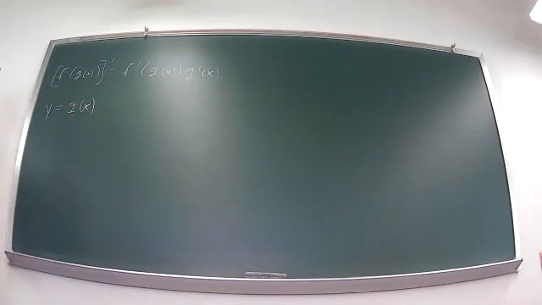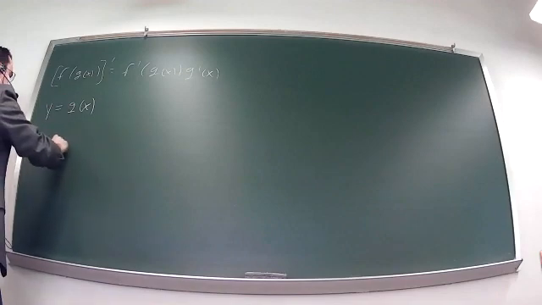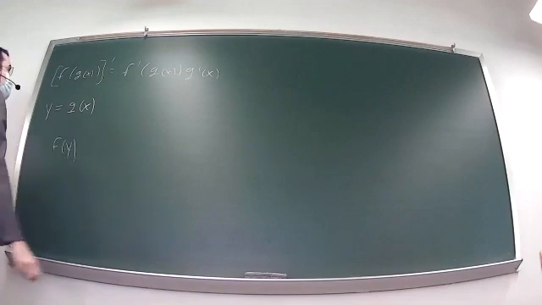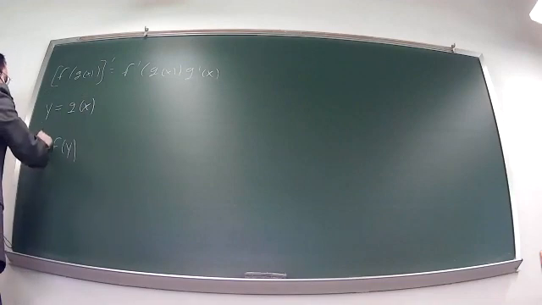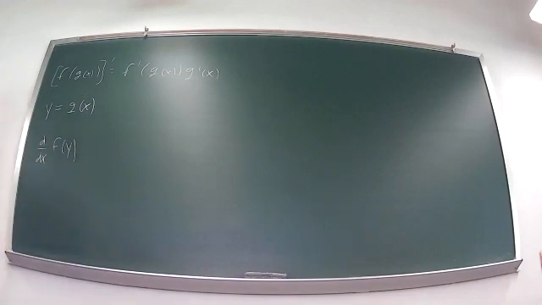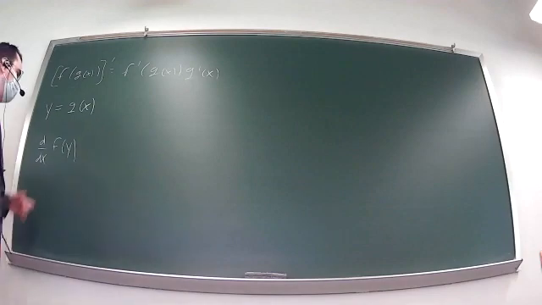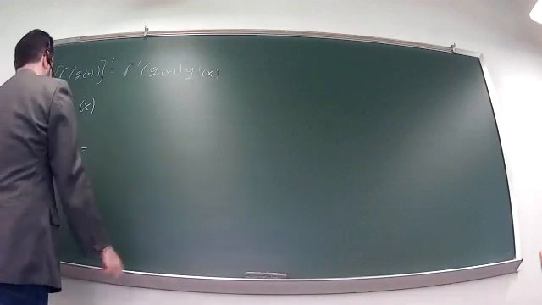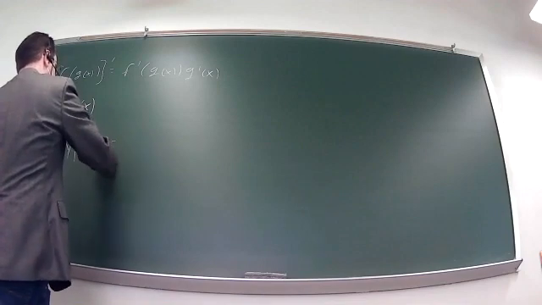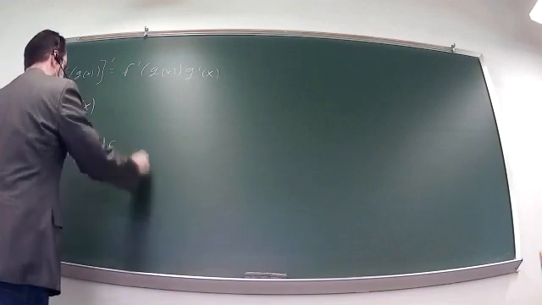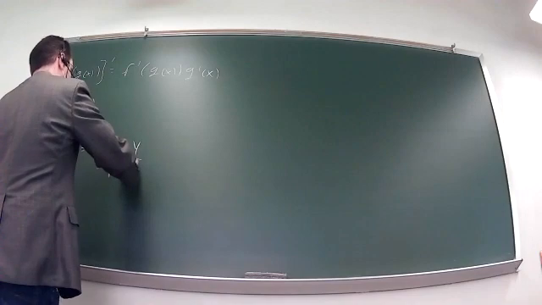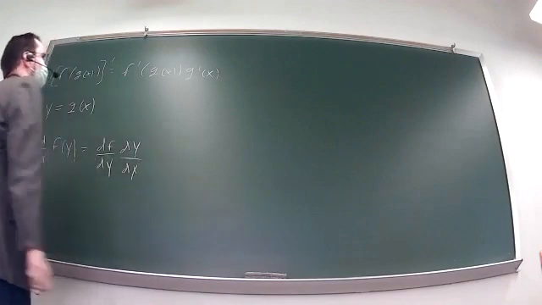Say y equals g of x, and then f of g of x would just be f of y, and the prime would be take the derivative with respect to x. So you want to take the derivative with respect to x of f of y, that's going to be df dy times dy dx.